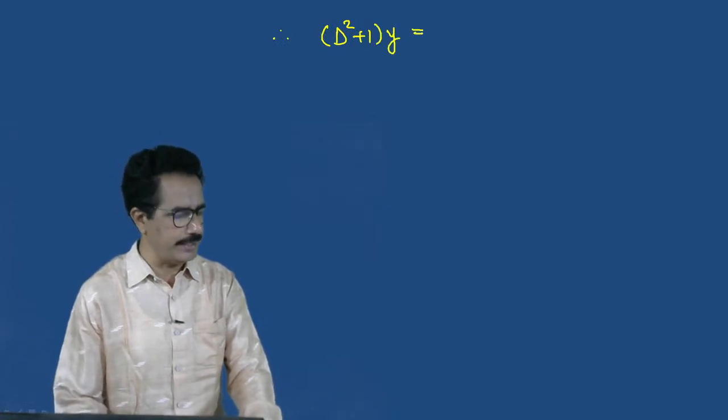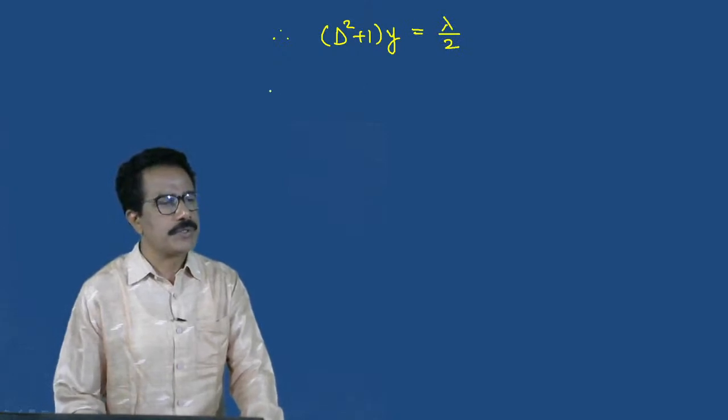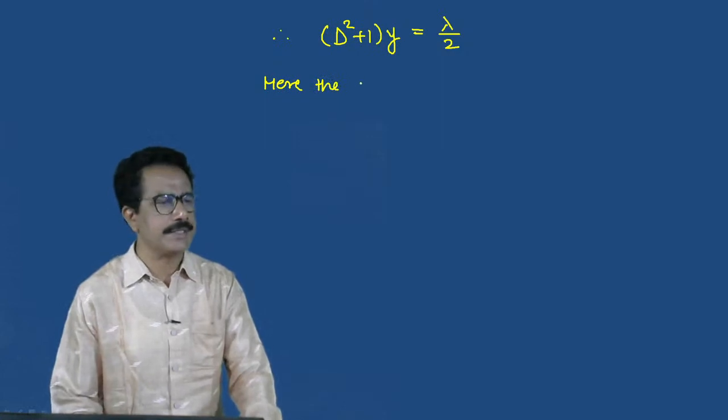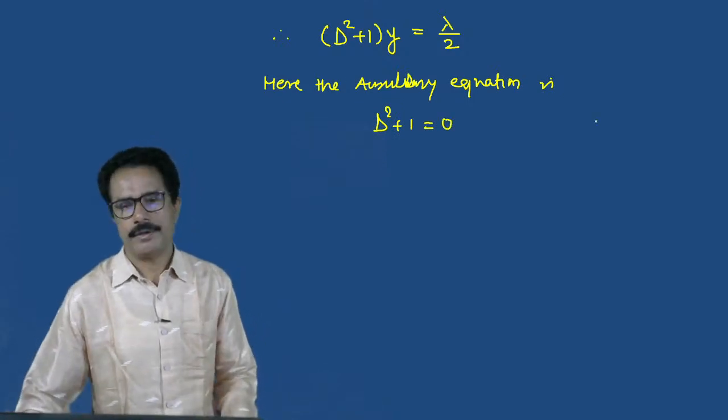So this can be written in operator form: D square plus 1 applied to y is equal to lambda by 2. Okay, so here the auxiliary equation is D square plus 1 is equal to 0.